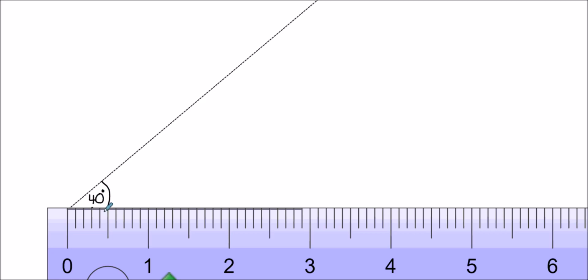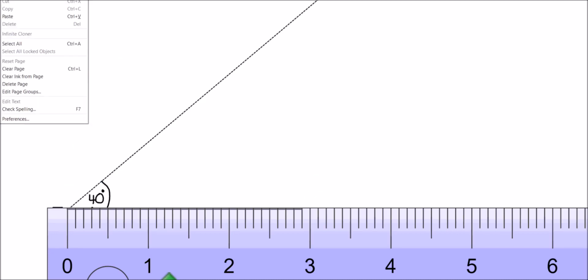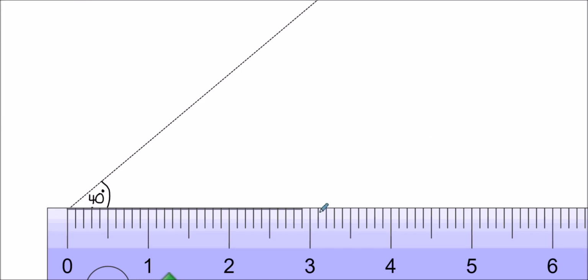We're also told that from C to B was 2.1. So from this point here, which is B, so this is A, whoops, so undo that. So this is B, and that's A. That's 2.1.